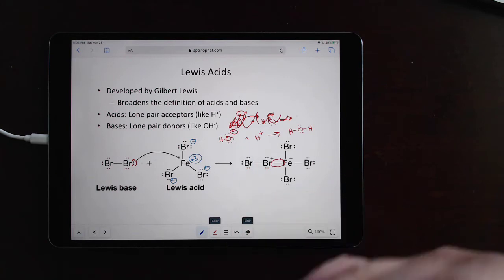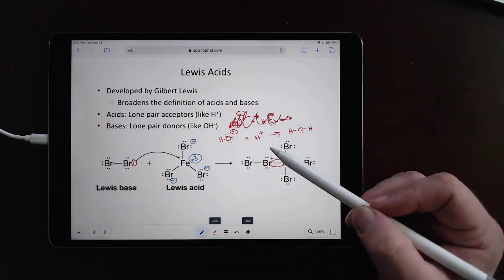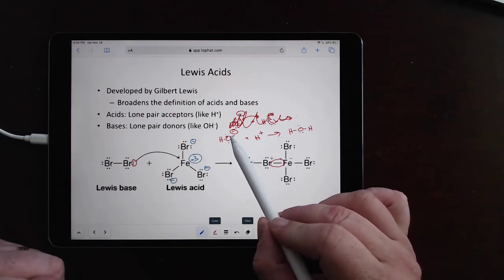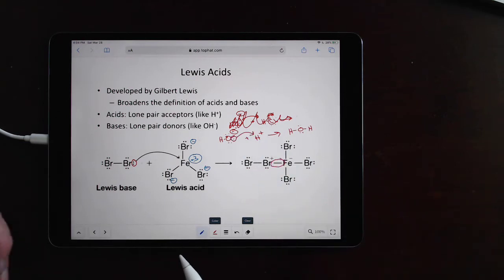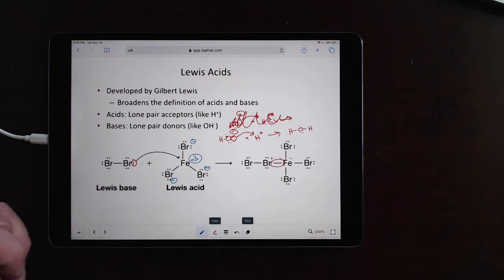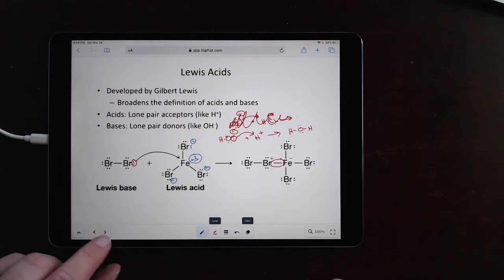It has lone pairs to donate. H plus is looking for lone pairs, and so it's going to make this new bond here. Okay. So it's just widening the definition. So Bronsted-Lowry bases fall under this Lewis acid, Lewis base. It's just other things also fall into it.